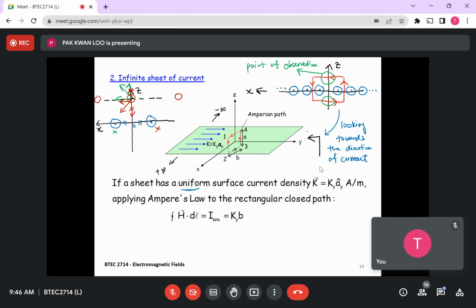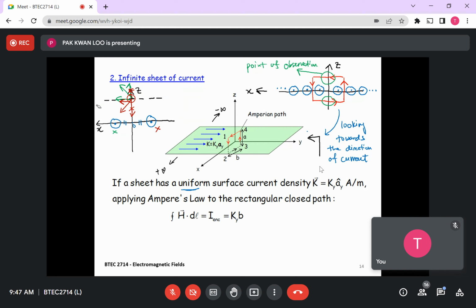It means the same, because even if I move my point of observation to here, I have infinite, I mean, I have symmetrical current elements along the surface. So it is the same.